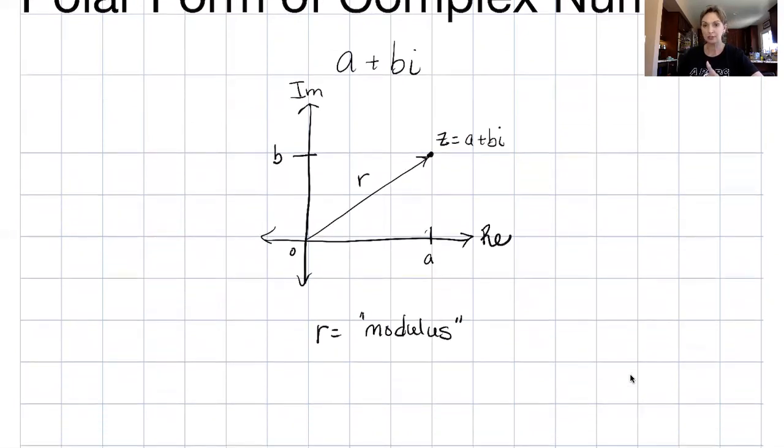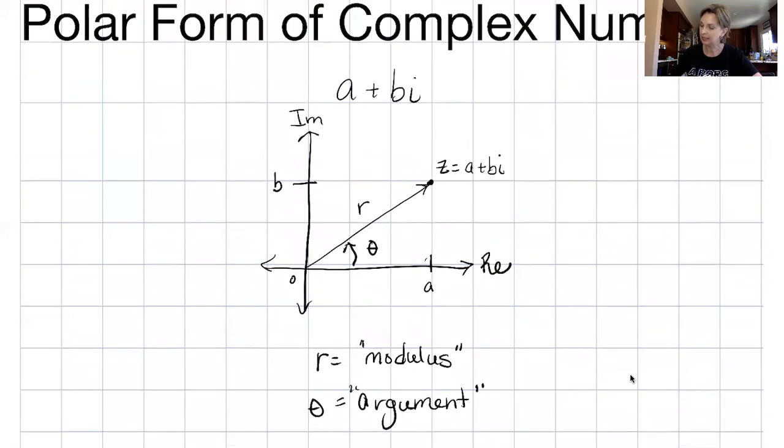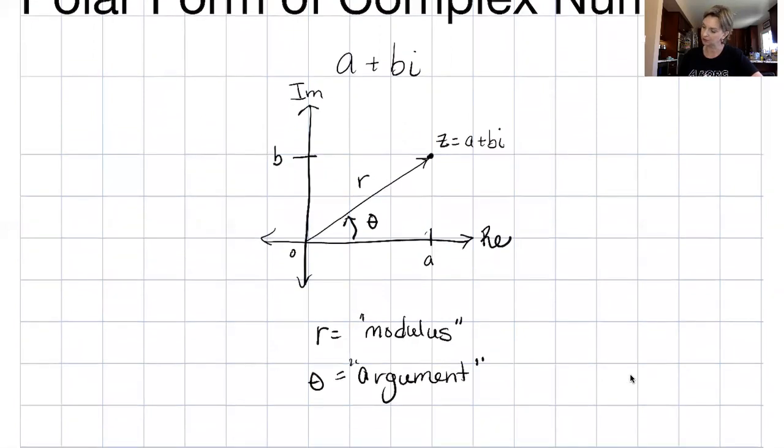There's also an angle going from the x-axis up to our modulus, and that angle is called the argument. If we want to write this complex number in polar form, we need to be able to find the modulus and the argument. We need to solve for both of those things first.